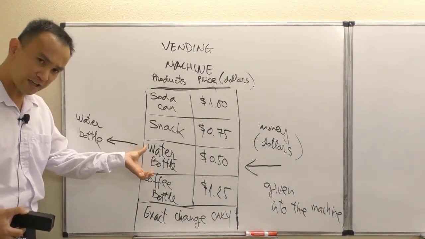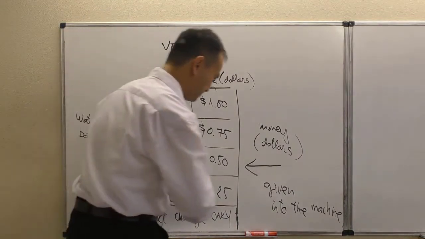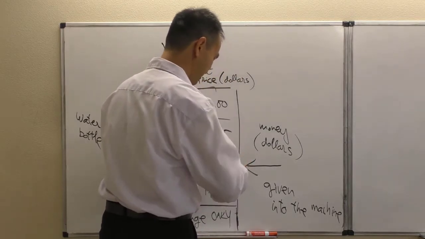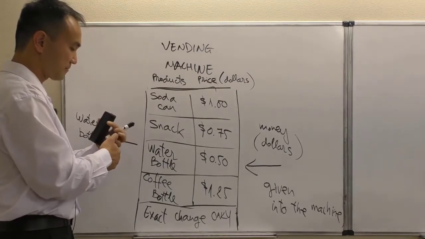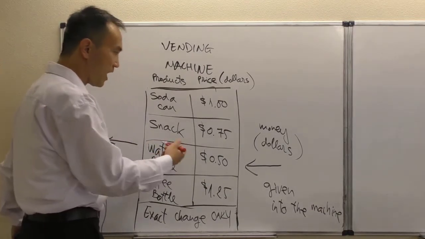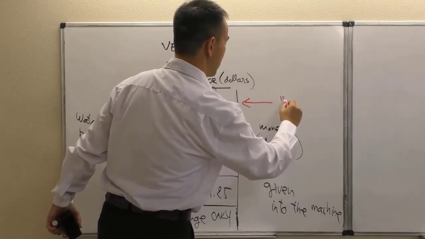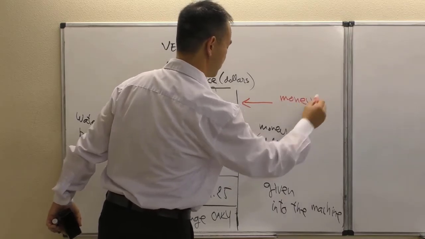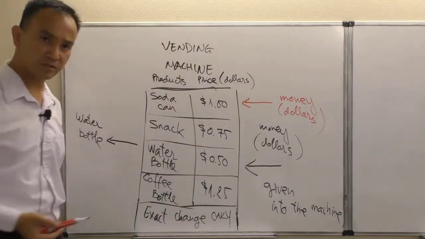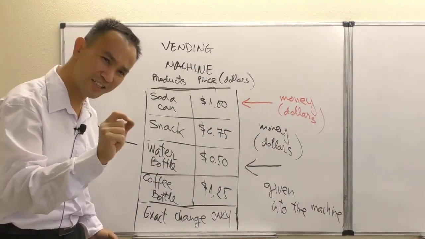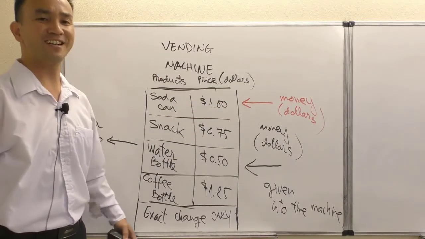So it's a product. And then some other time, somebody else. Allow me to use a different ink color. Think about a different time, you want a drink too, but you don't want water. You want a soda can, so you input the money into that slot, as dollars again. I'm starting to use the term inputting, because the machine is taking it in and we're putting in the money.